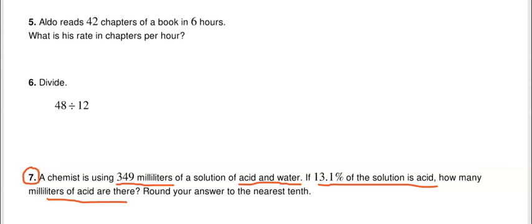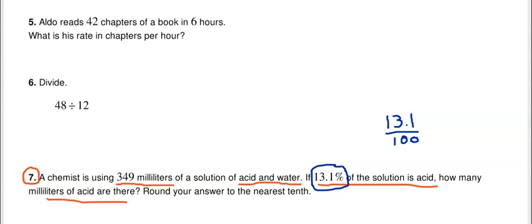Okay, so 13.1%. Not very much of it is going to be acid. So if we get a really high number, we know that's not going to be correct. The most important thing to remember on this one is that 13.1% is the same thing as 13.1 over 100, because percent means per 100.